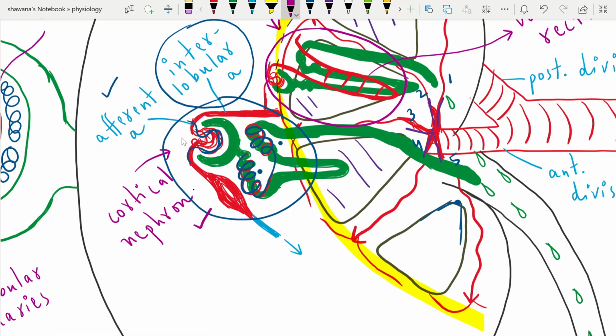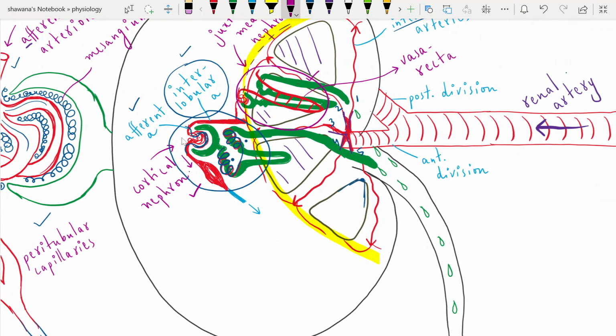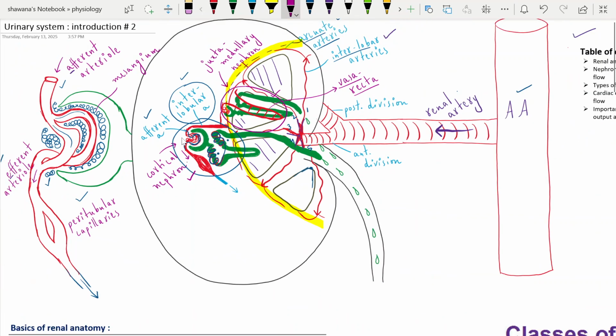This is known as the cortical nephron, and deep to it is the medullary nephron or juxtamedullary nephron. The cortical nephron, in which the efferent arteriole forms the peritubular capillaries, but in the juxtamedullary nephrons, the efferent arterioles form the vasa recta. Okay, vasa recta in the juxtamedullary nephrons.